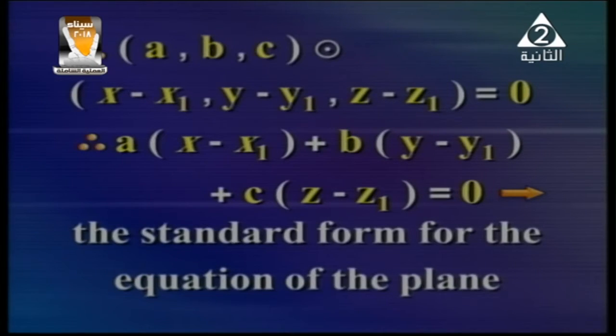It is A multiplied by the bracket x minus x1 plus B multiplied by the bracket y minus y1 plus C multiplied by the bracket z minus z1. Remember, dear student, when the required is the standard form of the equation of the plane, we use this equation.